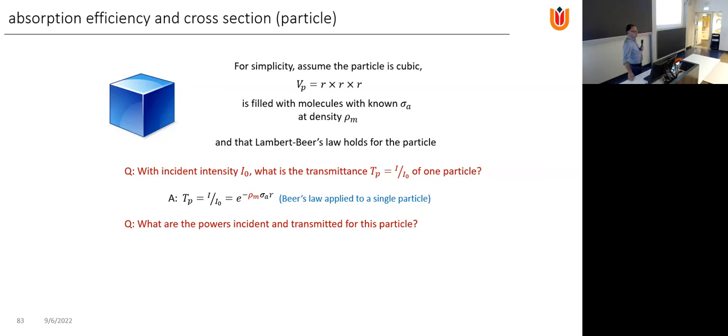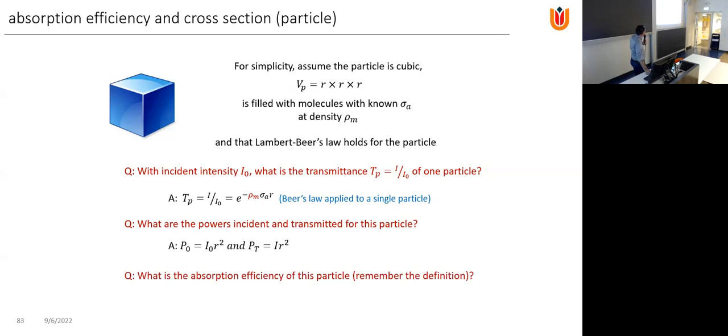If we have something in watts per square meter, what do we have to multiply it by to get to watts? Yeah, an area. R squared. Yeah, so the intensity I0 is incident on the face of the cube, and it has a size R squared. So the incident power will be I0 R squared, and the transmitted power will be I R squared.